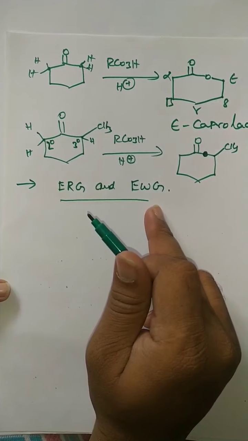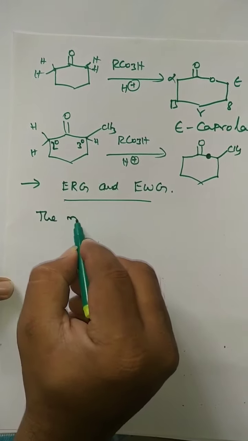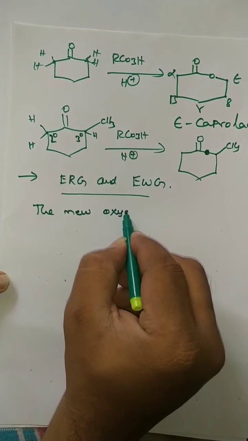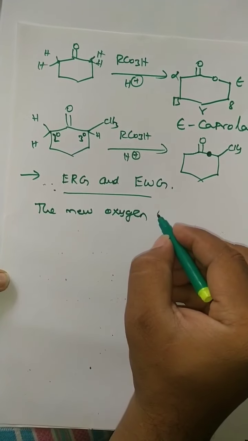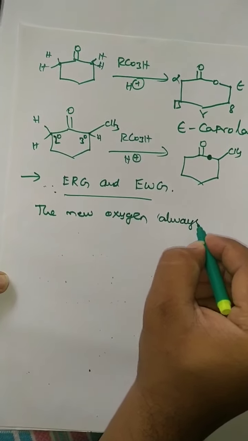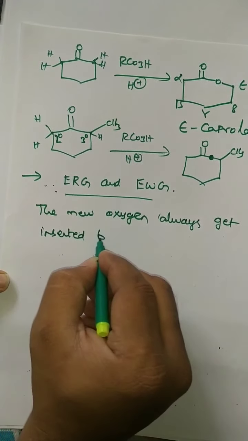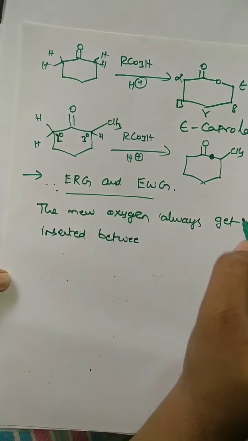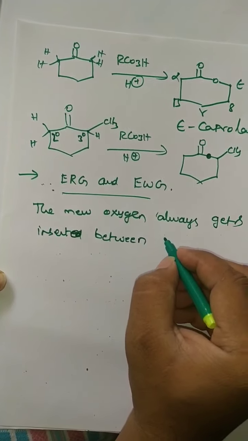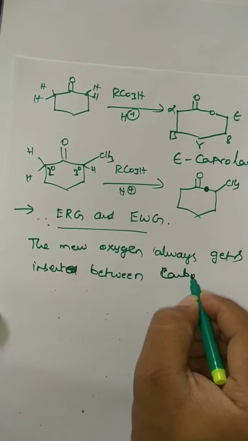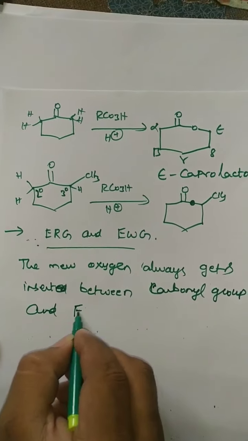Then always remember that the new oxygen always gets inserted between the carbonyl group and the electron releasing group.